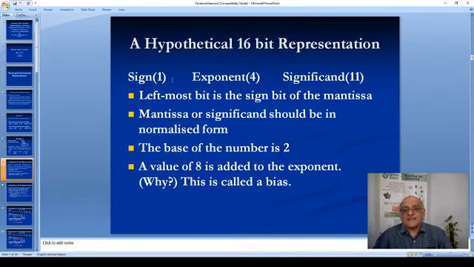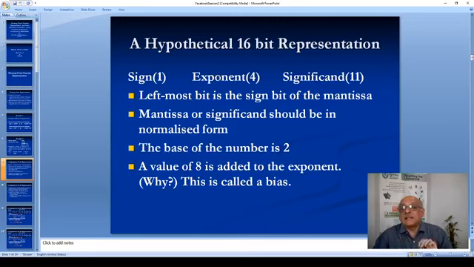The first thing is that we are representing the sign, and the sign is going to be attached to the significand or mantissa. The second thing we will do for this hypothetical representation is represent the exponent first and the significand later. Is there any reason associated with it?